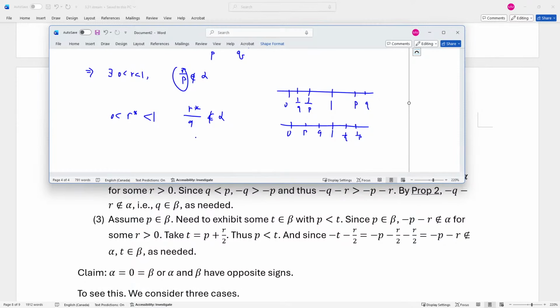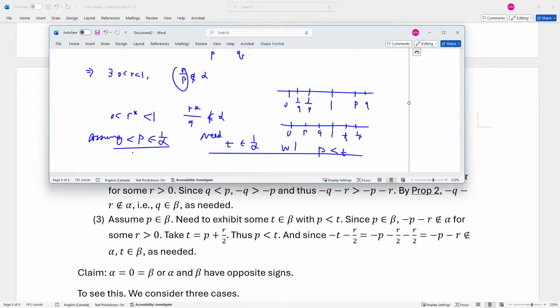So here we have: assume p is in 1 over alpha, and p is positive, okay? P negative is trivial. Assume that. We need to exhibit some t in 1 over alpha with p less than t. Yeah, this is what we need.